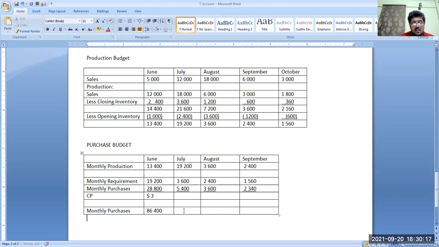Now, July is $3 again. So 5,400 multiplied by 3 means $16,200. $16,200 we have to spend. Okay, this is kilos.